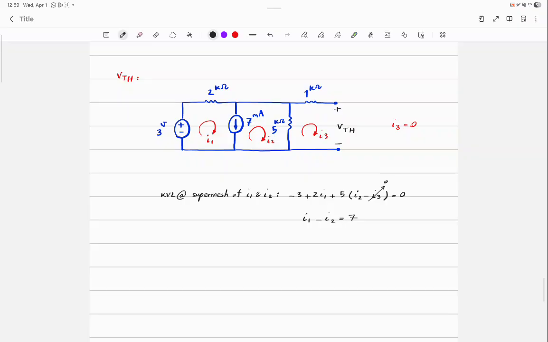I'm going to write a KVL around I3 as well. So an extra equation from inside the supermesh.